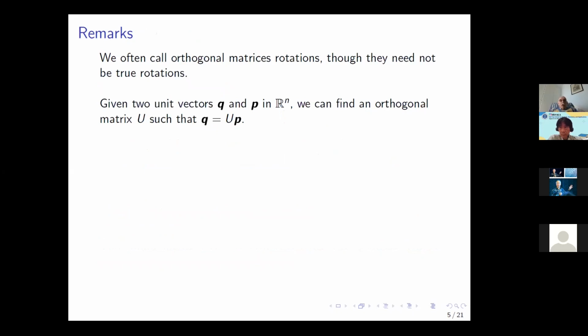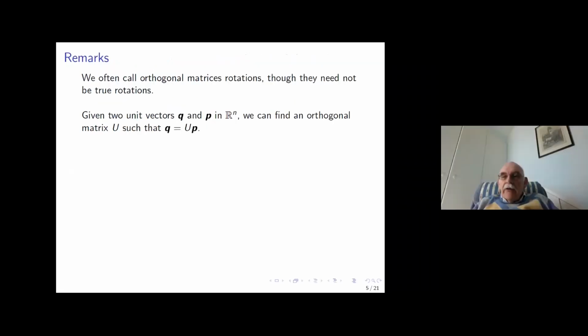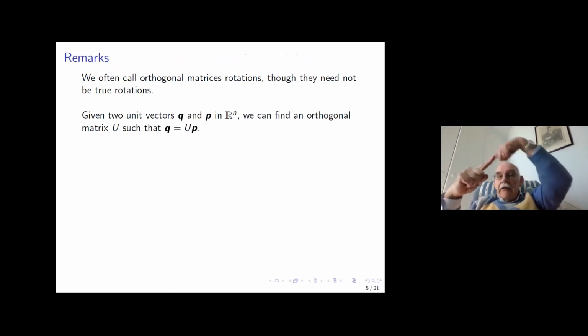Now, I often call an orthogonal matrix a rotation. It's mainly because rotation is shorter than orthogonal matrix, and it's easier to write and easier to say and so on. But generally speaking, orthogonal matrices are not really proper rotations, because especially in high dimensions, you can have one axis pointing in one direction and you can rotate around that axis.